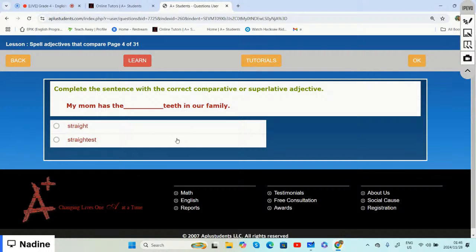So option one or option two? And if we were to choose the correct option, then yes, we will say my mom has the straightest teeth in our family.